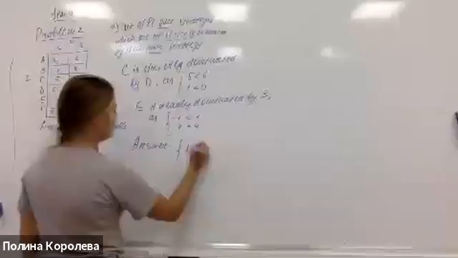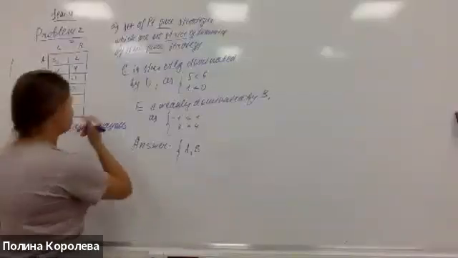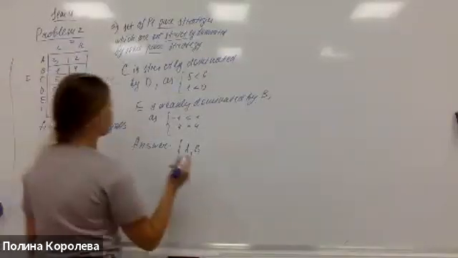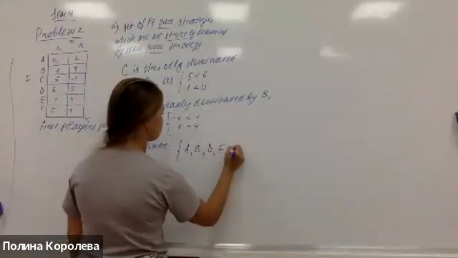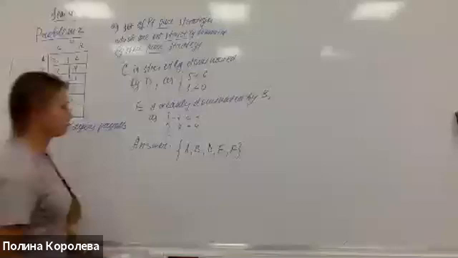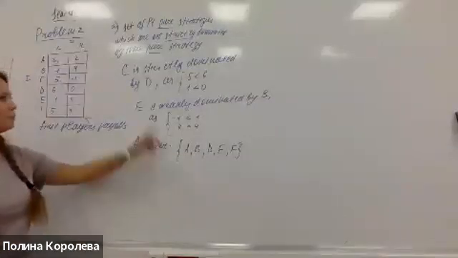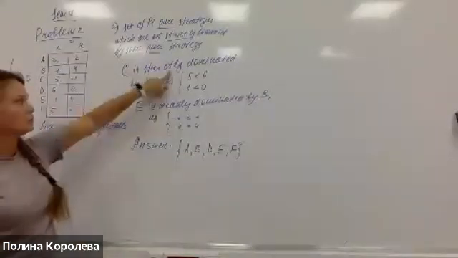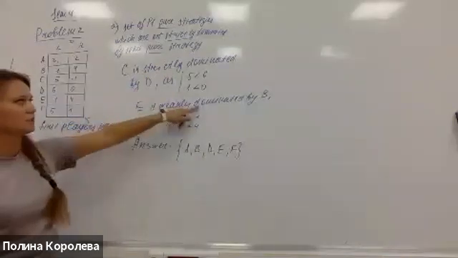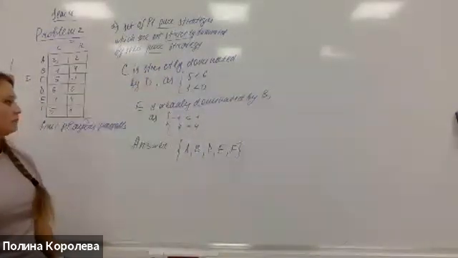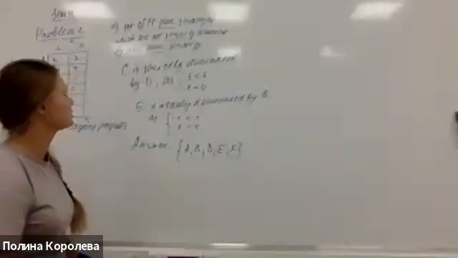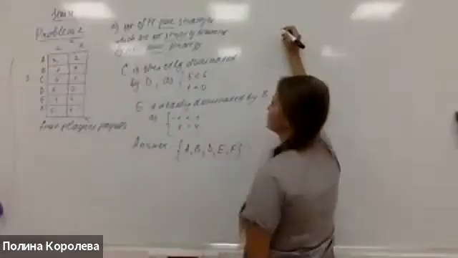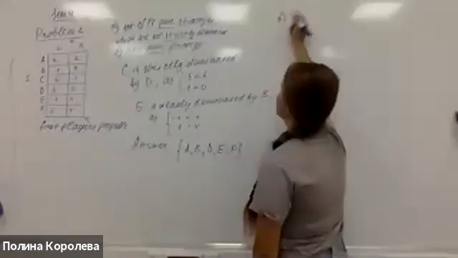So here would be A, B, each strategy instead of C. D, E, F. Guys, is it clear? What is the difference between strictly dominated and weakly dominated? And how did we write down the answer for this task? Please ask questions, and we will move on.